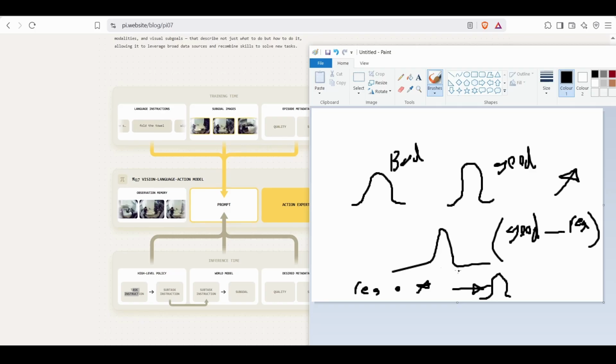You have this ambiguous distribution, and then you have the good conditioned distribution. You want to take the good one and subtract the regular, which is hopefully subtracting the bad and mediocre, to really amplify the good, and then apply that to the regular distribution, which you would get from running the model in inference conditioned on its current observation, its current language subtask, and the predicted subgoal. And because in inference the subgoal image is predicted by the world model, there's no ground truth future.